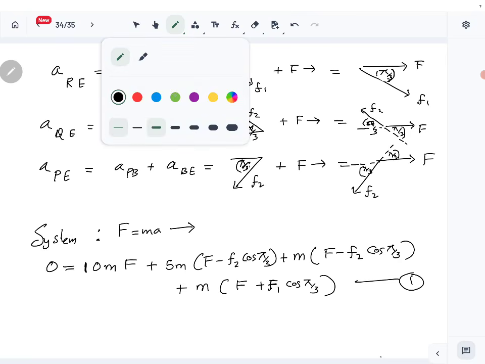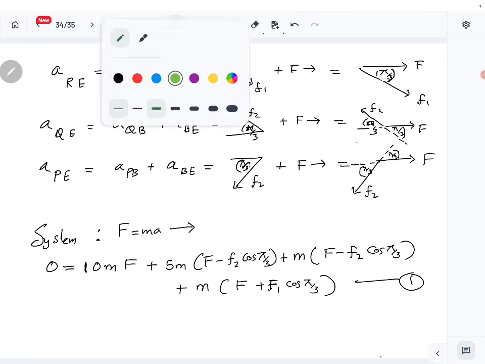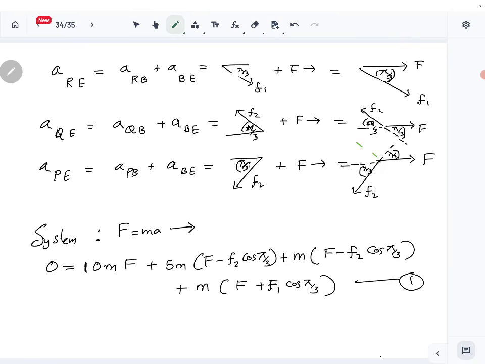So that is going to be what? Let me draw the perpendicular line here. So then F2 you don't get a component because it is parallel to the plane, so no perpendicular component. But capital F has a perpendicular component down, right?